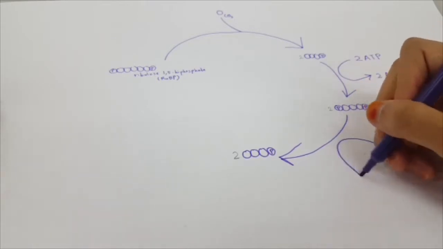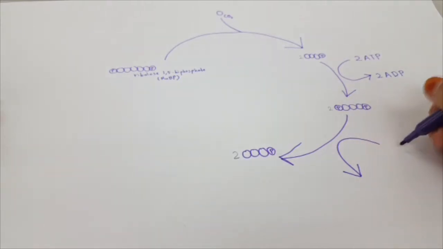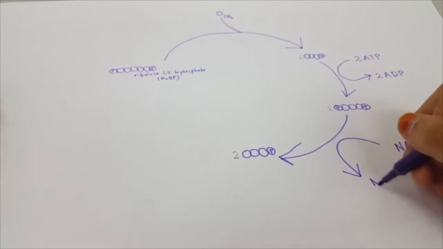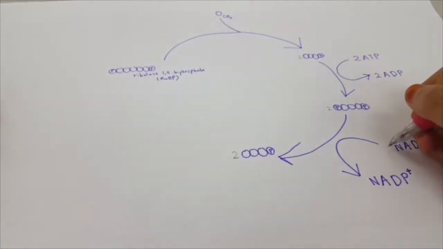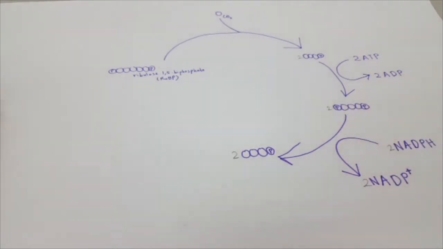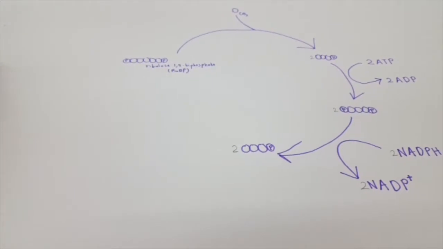The two molecules of bisphosphates will become two molecules of glyceraldehyde triphosphate, which is in the middle, and this reaction turns NADPH to NADP plus molecules, of which there are two.